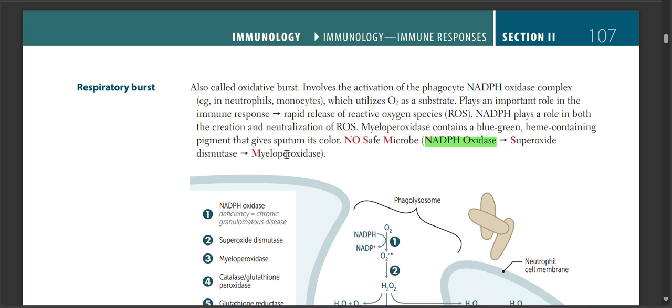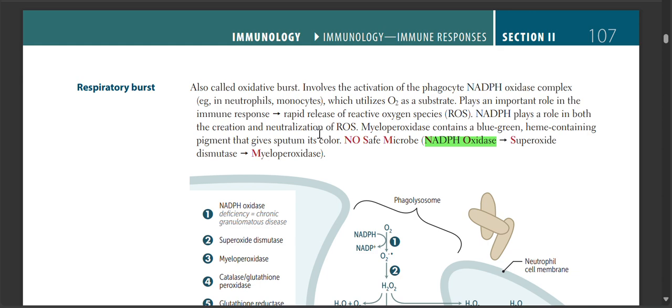Initially that's how they deal with infection. When they encounter the bacteria, they engulf the bacteria and our body is trying to kill it off, but they can't do it. That would be because of NADPH oxidase deficiency.